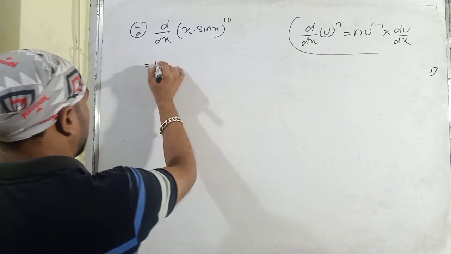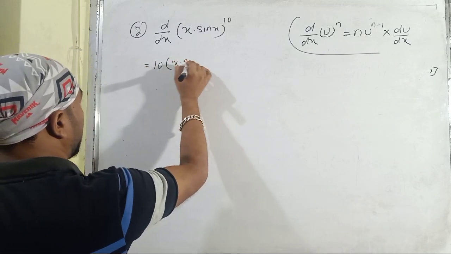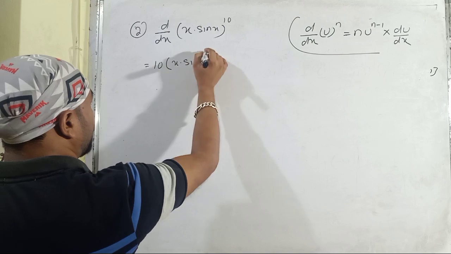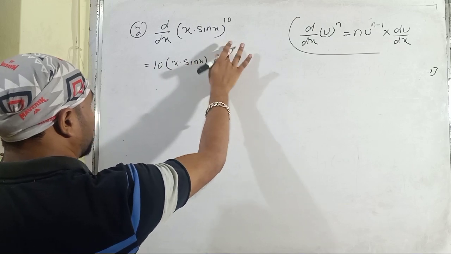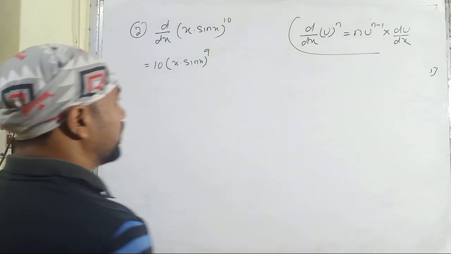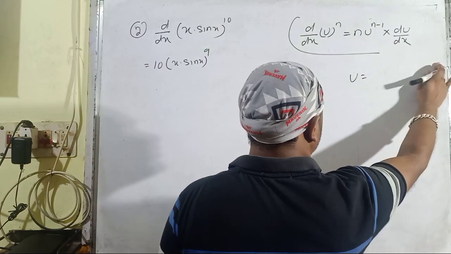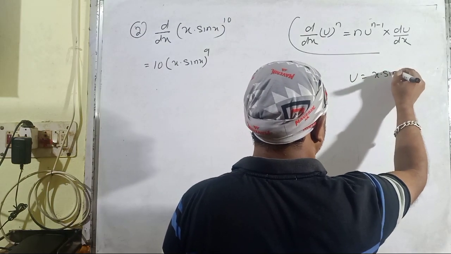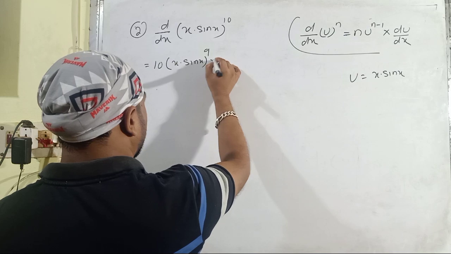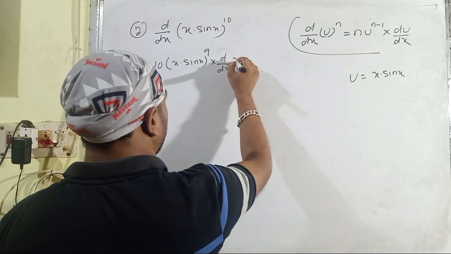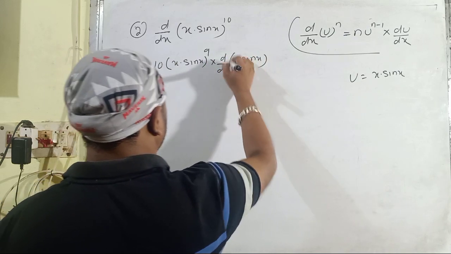So it is 10 multiplied with x sin x whole to the power 10 minus 1, that means 9. Here u is equal to x multiplied with sin x. Then we need the differentiation of x sin x.